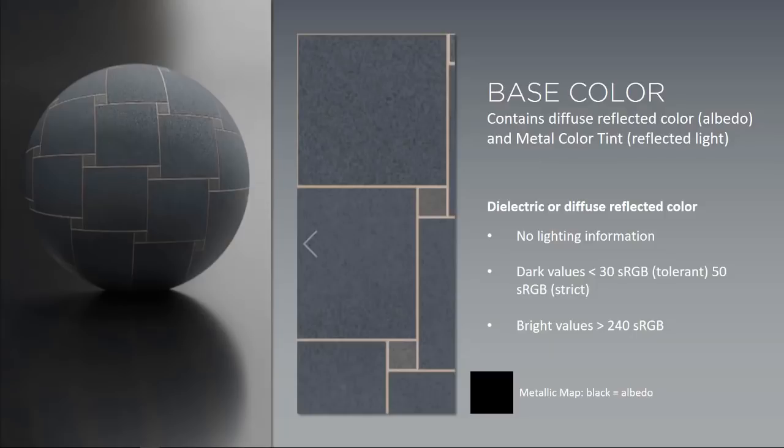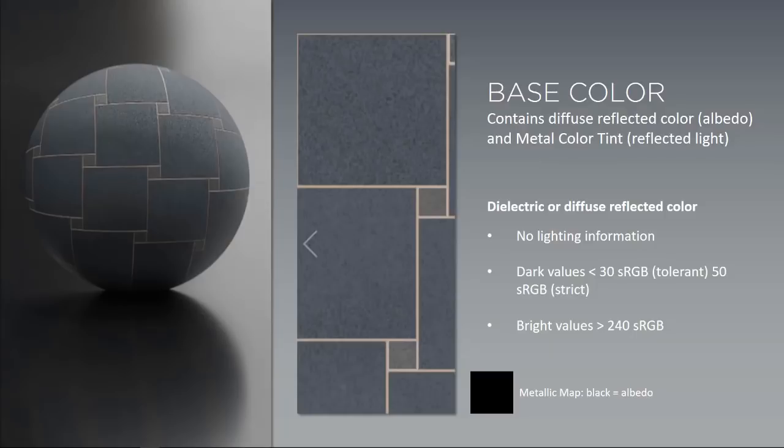So you might be tempted to author that in sRGB as 0, 0, 0 black. That would actually be incorrect, because we're never going to have just a black value in our base color or albedo. So I like to give a guideline here that your dark values should never go lower than 30 sRGB.